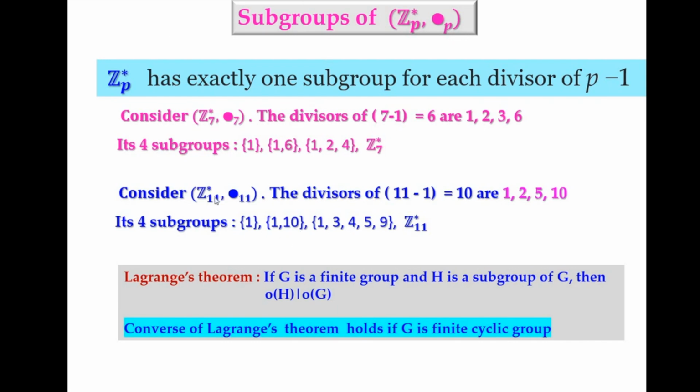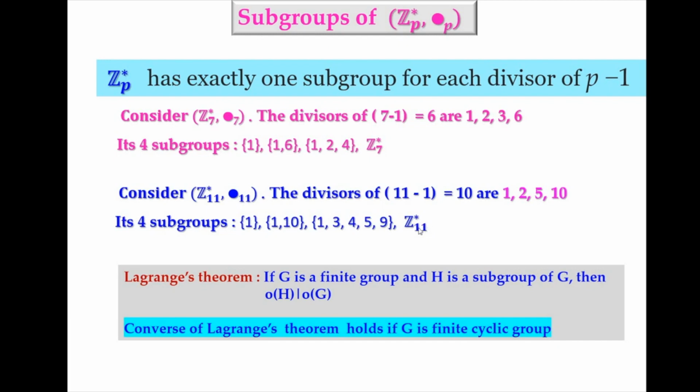In the same way, for this also there are 4 divisors of 10. If it is Z11 star, 11 minus 1 being 10, we have 4 divisors. So there are 4 subgroups. Again, the same reasoning: the generators will account for this, and one is a definite subgroup, the trivial subgroup, and this one is determined.